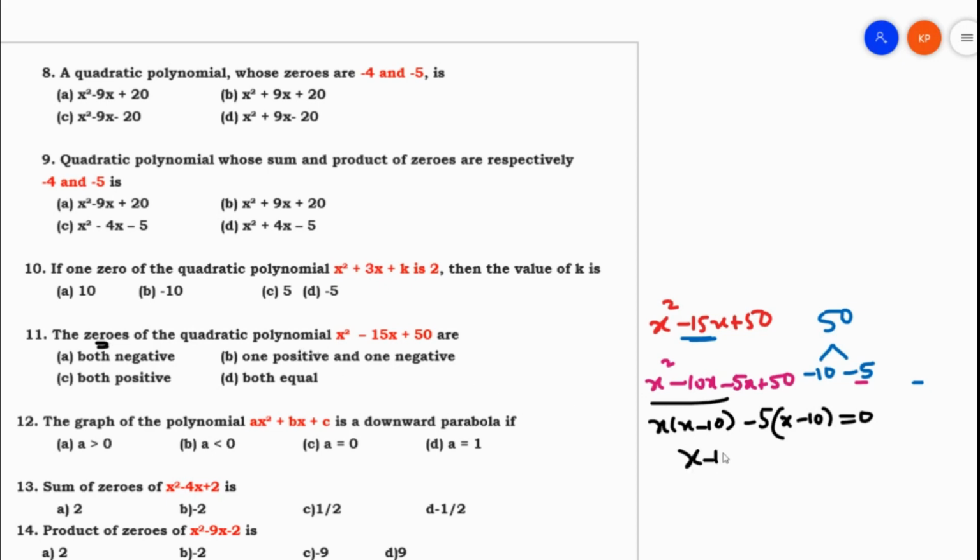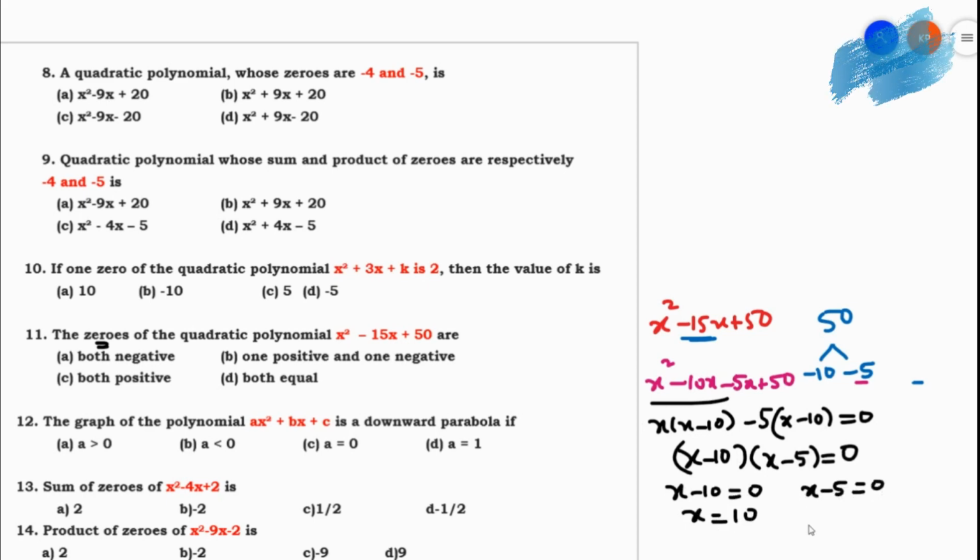In both cases x minus 10 is common. So if I take x minus 10 as common, the other factor will become x minus 5. Separately I will equate x minus 10 with 0 and x minus 5 with 0. So x is equal to 10 and x is equal to 5. Here both 10 and 5 are positive. So the correct option for this question is C. Both are positive.